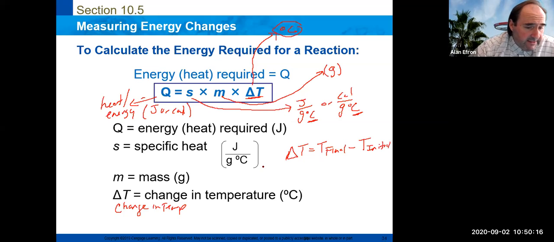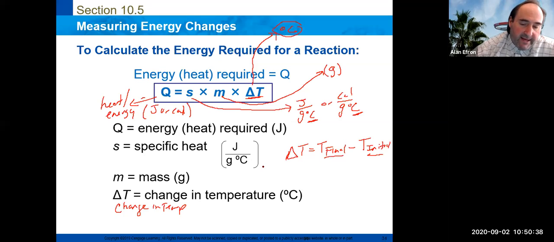Now, the truth is, if you didn't take final minus initial and you just took the difference of the temperature and you put all the numbers into this equation, you will get the same answer for Q, regardless of sort of if you did final minus initial or just did larger minus smaller. But it's really important to actually do final minus initial.